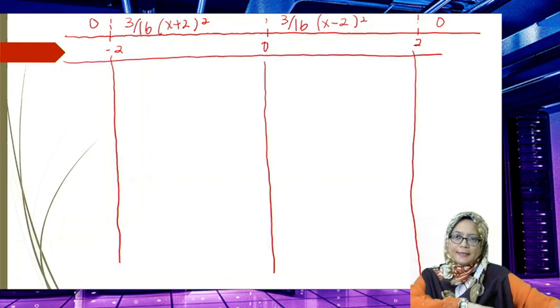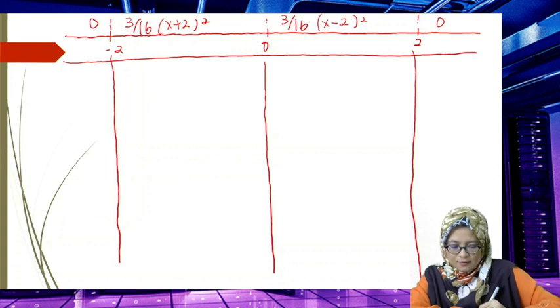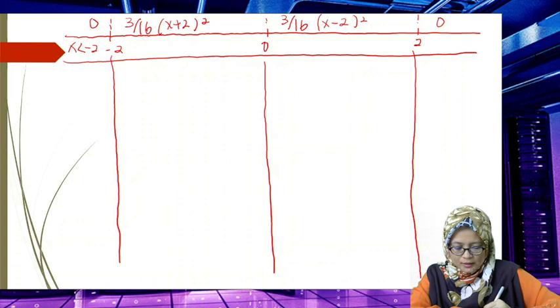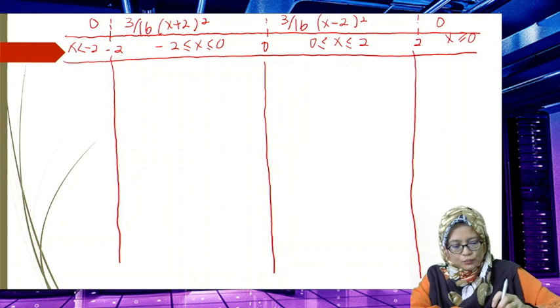Okay, so we will create the intervals. First interval for x less than -2. Then -2 until 0. Then 0 until 2. Then x greater than or equal to 2.